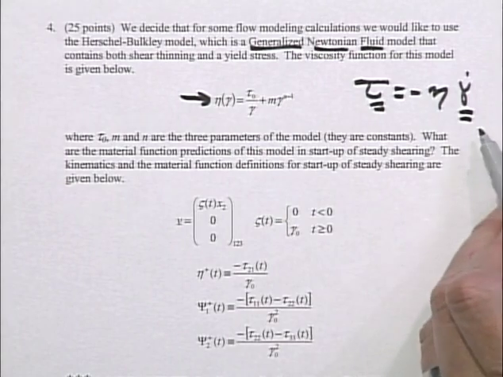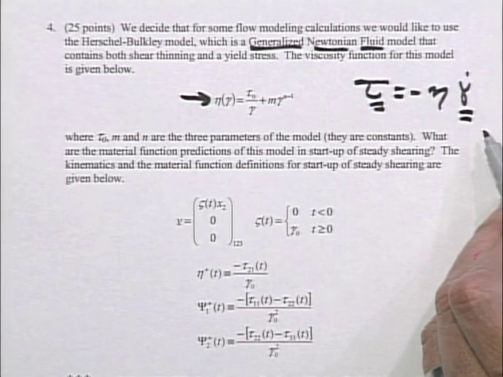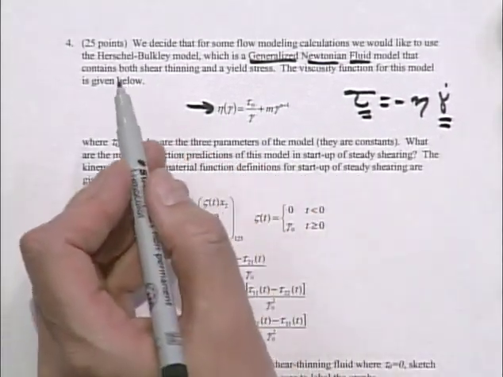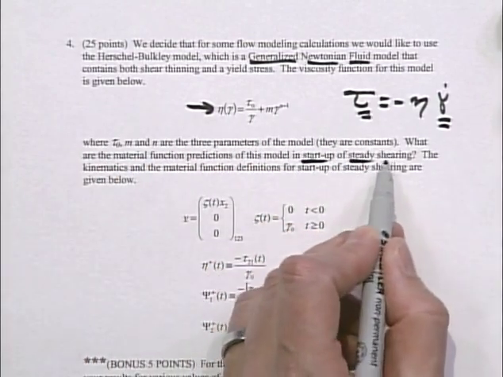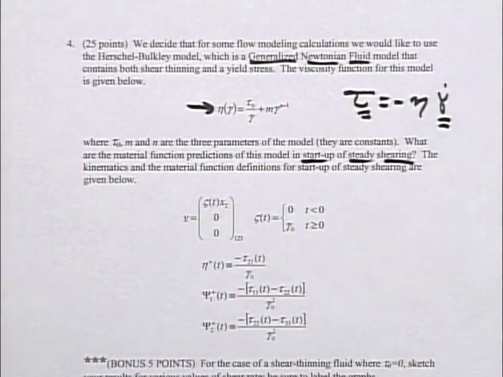Gamma dot, the tensor for startup of steady shearing is what? Sigma dot, yeah, this crazy sigma dot, because it's a time-dependent function now. So 0, sigma dot, 0, 0, 0, etc.